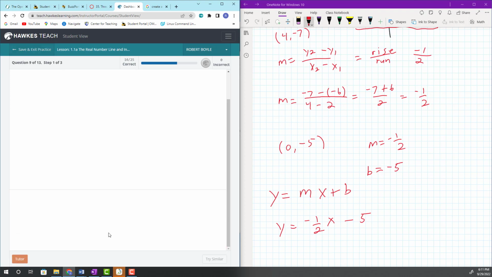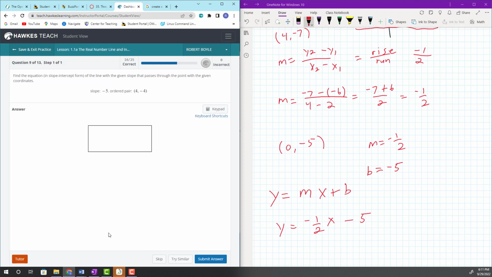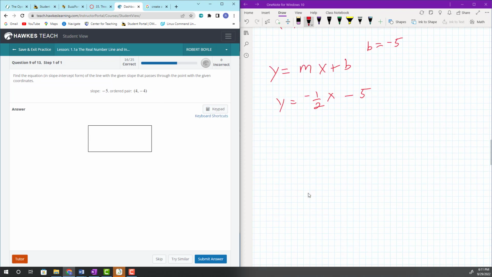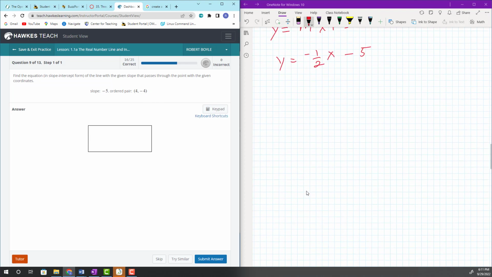There you go. Okay, now we want to write an equation in slope-intercept form giving this particular slope and an ordered pair. For this one, we need to use the point-slope format. Well, that's where we need to start.